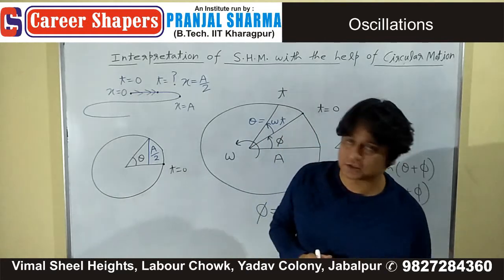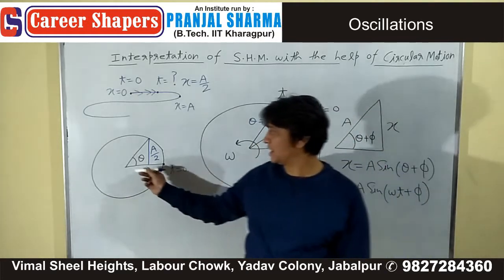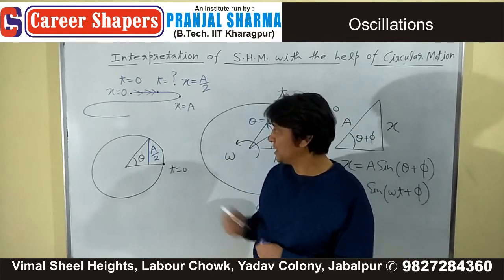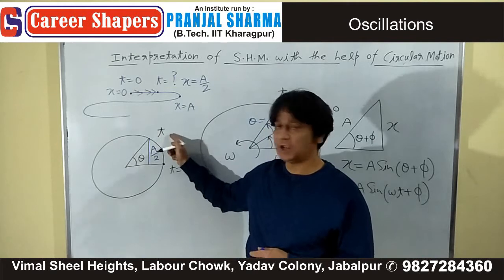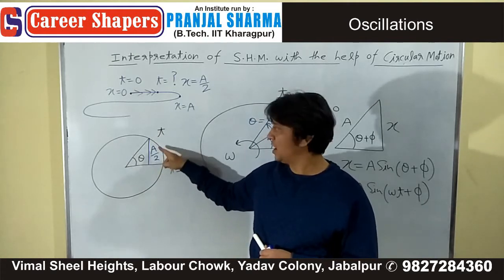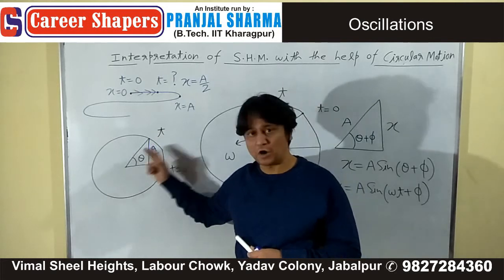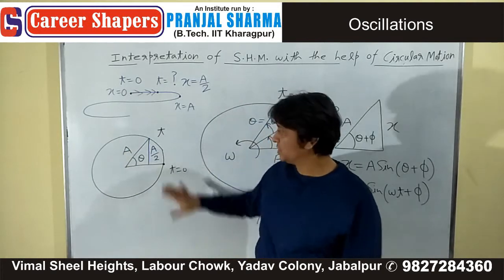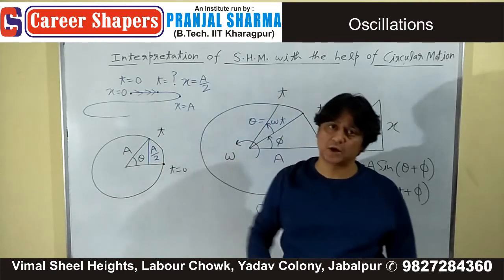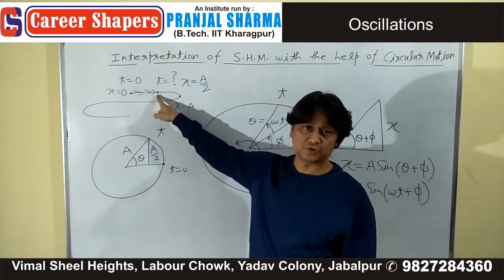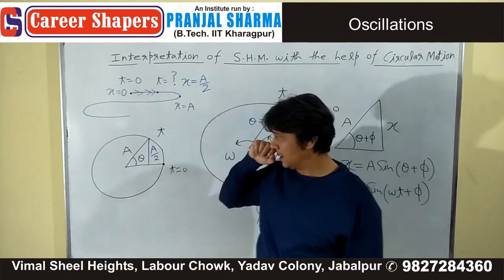If rod starts from this position at t equals to 0, then after what time t will the length of shadow be half of the length of rod itself? This question and that question are both the same thing: starts from mean position, after what time is the object found at half of the amplitude?